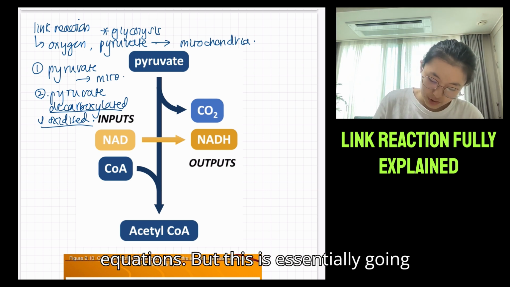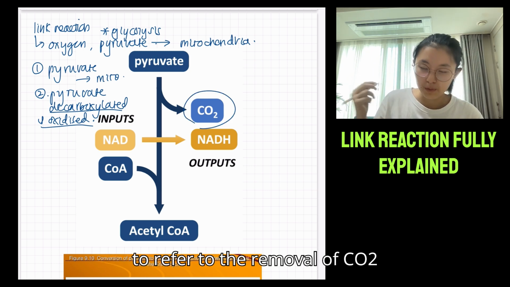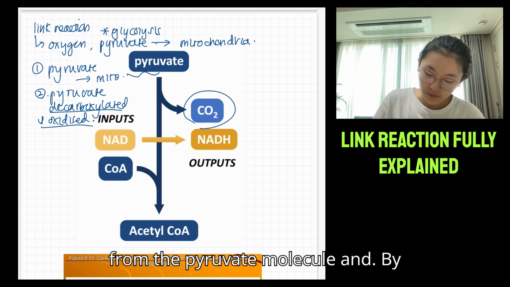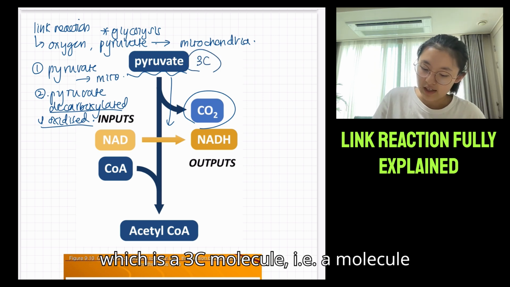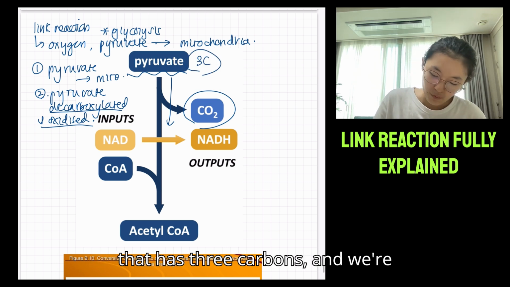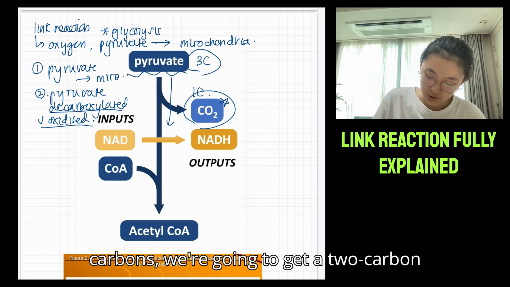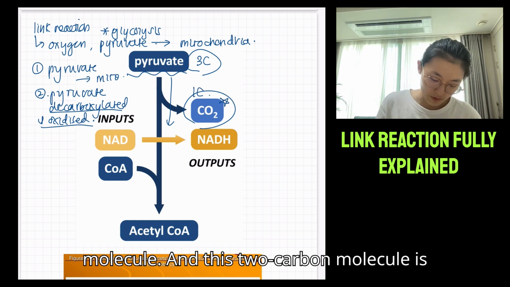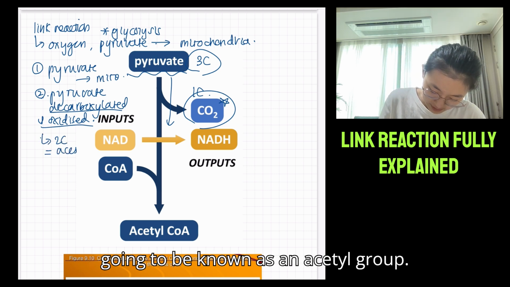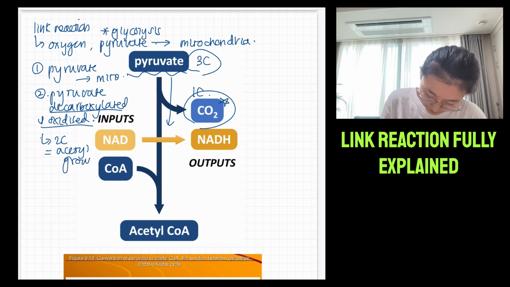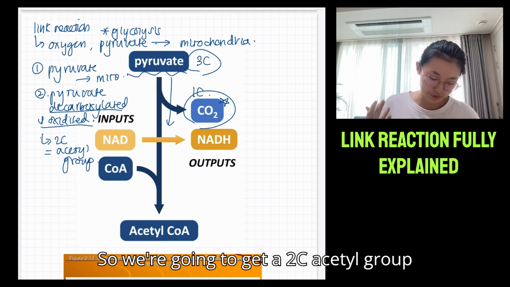This refers to the removal of CO2 from the pyruvate molecule. By removing CO2, which has 1 carbon, from a pyruvate molecule, which is a 3C molecule, i.e. a molecule that has 3 carbons, we're going to get a 2-carbon molecule, known as an acetyl group. So we're going to get a 2C acetyl group molecule.